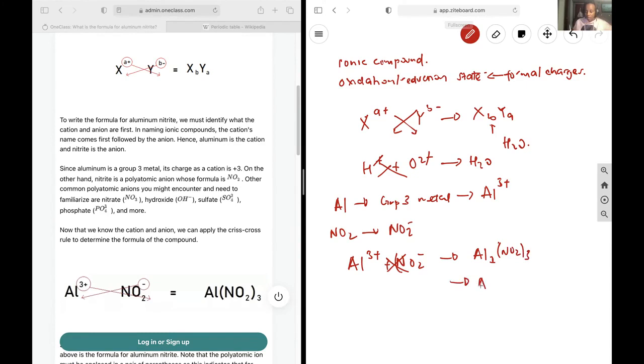And then if you just rewrite that in a cleaner form, because you don't need to write down the 1, that is what the formula would look like.